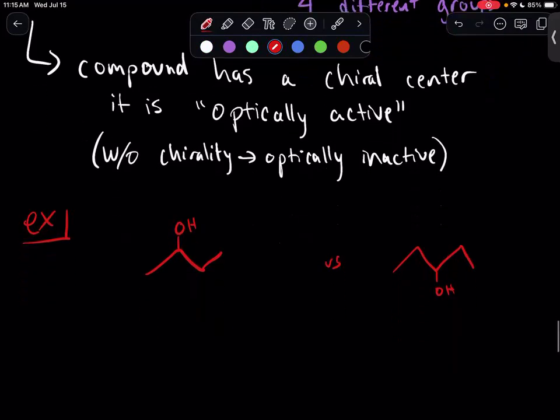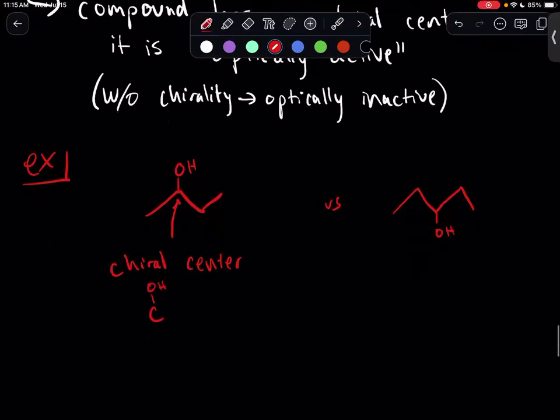All right, so looking at these, the one on the left has a chiral center. It's right here. The carbon is bonded to a hydroxide, a CH3, a hydrogen, and a CH2CH3. And so we have four different groups surrounding it.